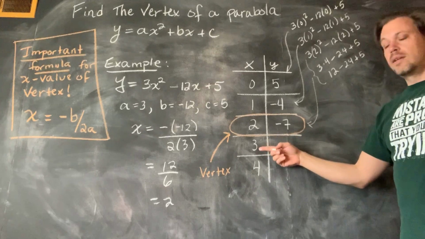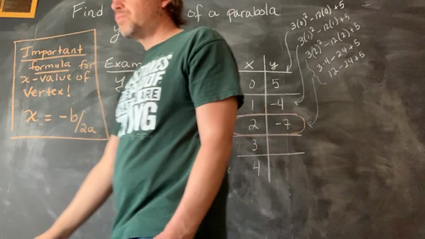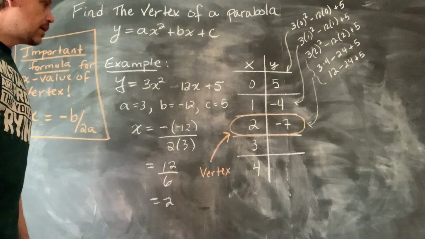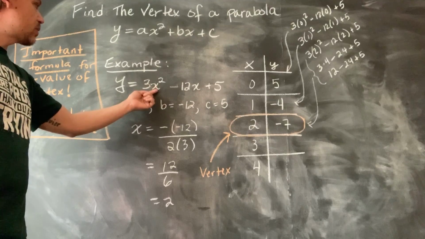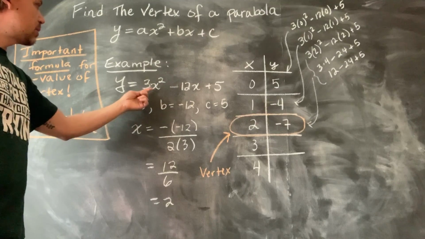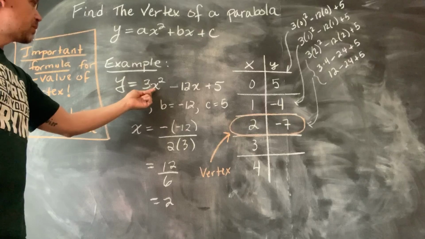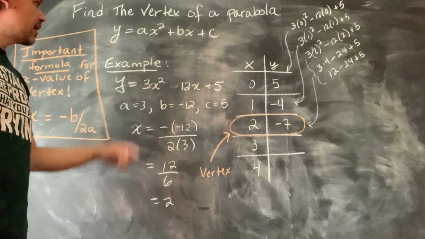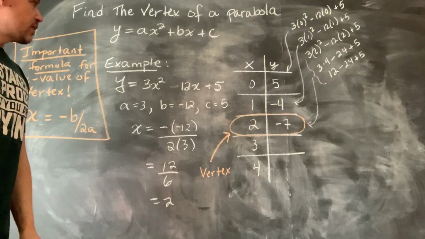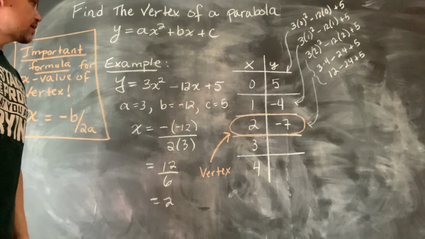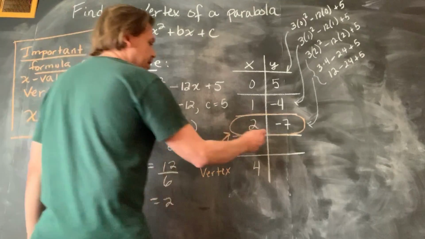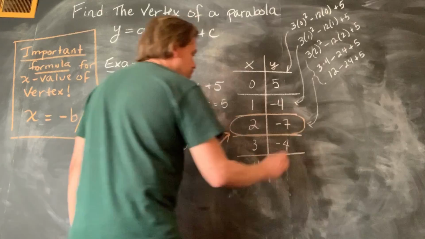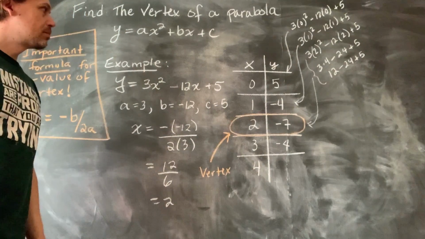If I substitute 3 for x, I'm going to get 3 times 3 squared minus 12 times 3. Well, 3 times 3 squared, this is 3 times 9, 27, minus 36 plus 5. 27 minus 36 is going to be negative 9 plus 5, and I get negative 4 again. In fact, this is a parabola.